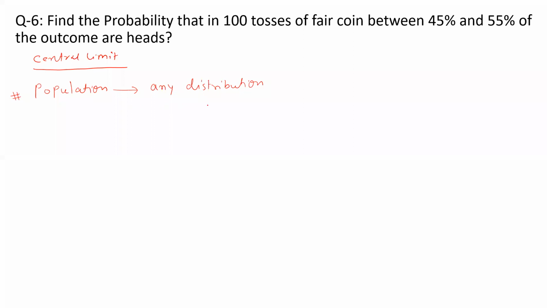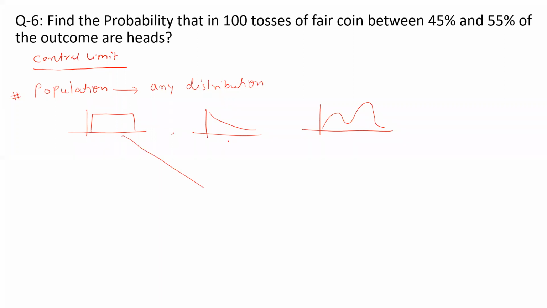We have seen uniform distribution, so this population may have a uniform distribution pattern. This population may have an exponential distribution, or it may have a bimodal form or any form. What kind of distribution it may be doesn't matter.